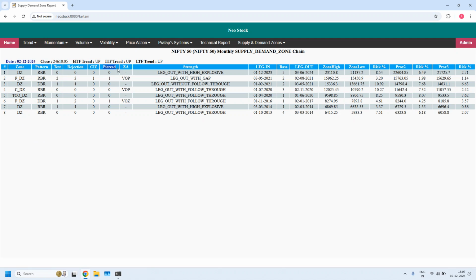Look into the pierced column to find pierced zones. You can't use them for trading purpose. And always look into the LTF trend to find the trend of the current time frame you have selected. This is the way you should apply for the rest of the supply demand zone chain reports.